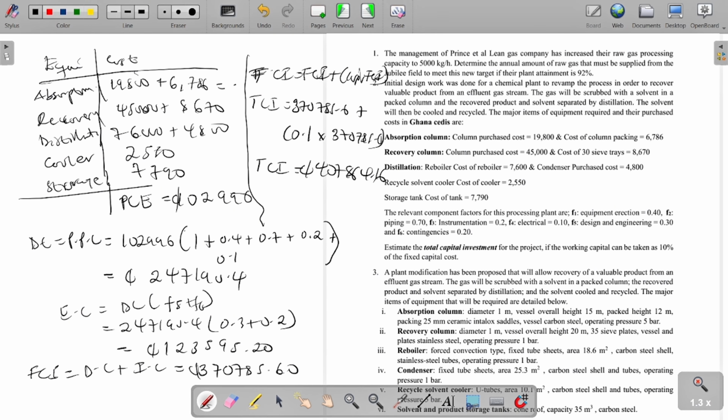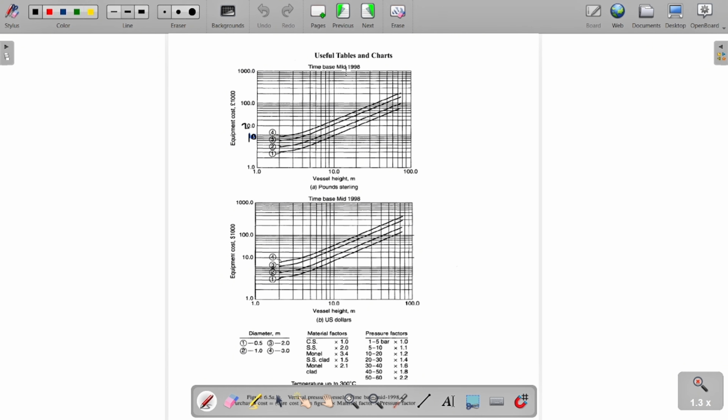In a question where they don't give you the cost, you have to use the graphs I showed you to read your costs. Let's say we are using the absorption column, and the vessel height is 10 meters and the diameter is 1 meter. So you are using number two, and let's use dollars.